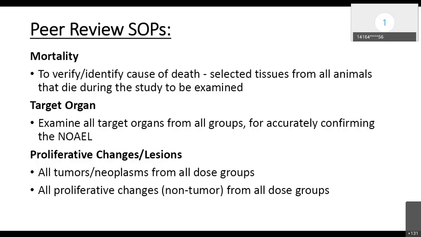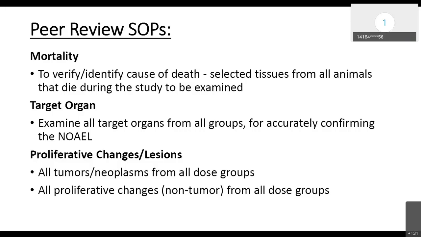In case there is any target organ, then examine all target organs from all groups. Here all groups means control, low dose, mid dose, high dose, and if you have a reference group, then from all groups you have to examine target organs. And that will help you accurately confirming the NOEL.